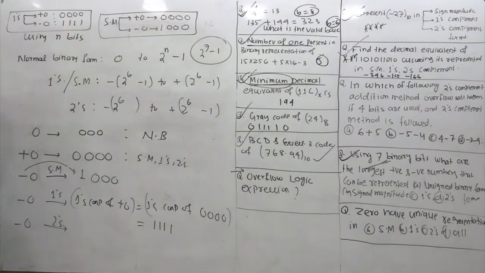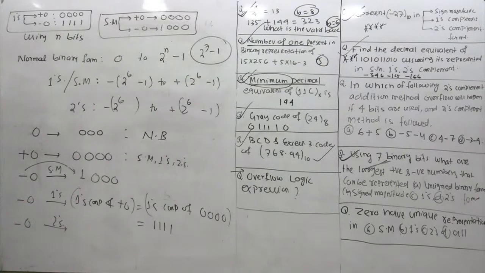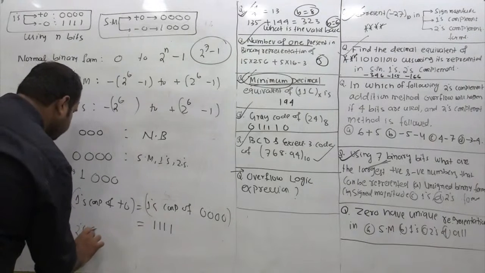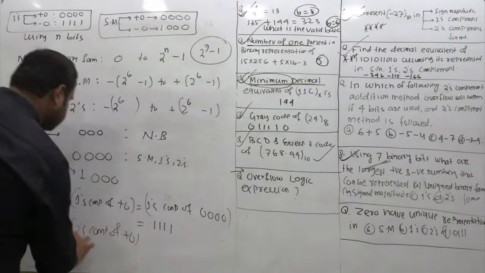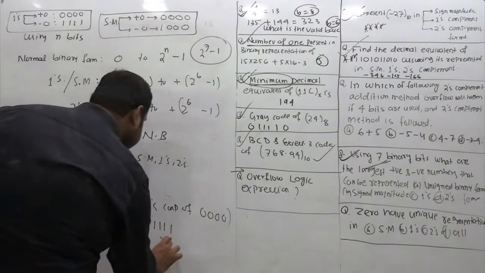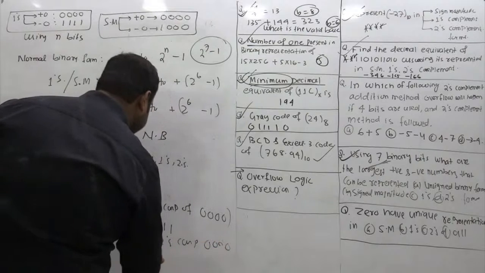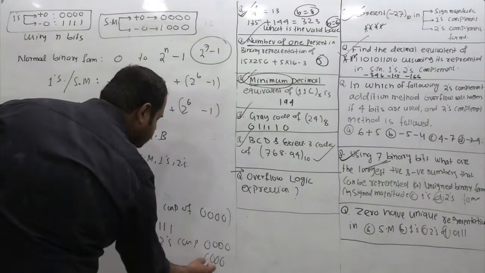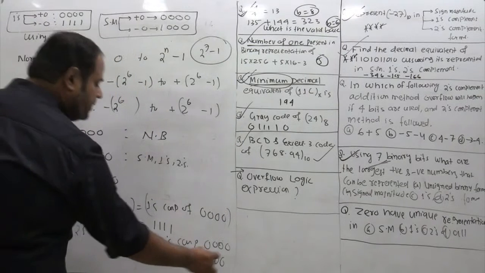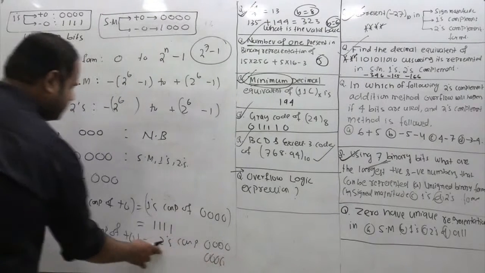But what in case of 2's complement form? How to get the 2's complement of minus 0? You have to take the 2's complement of plus 0, that is the 2's complement of 0, 0, 0, 0. You copy the bits until you get the first 1, and if you are not getting any 1, you have to copy it as it is.